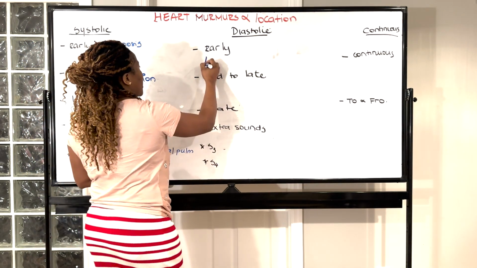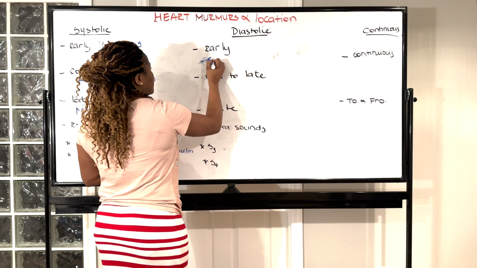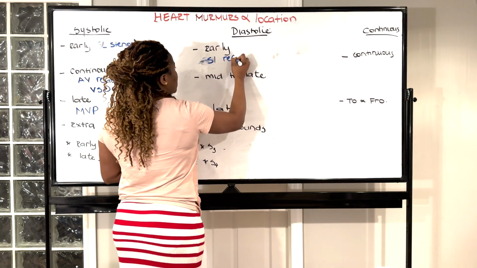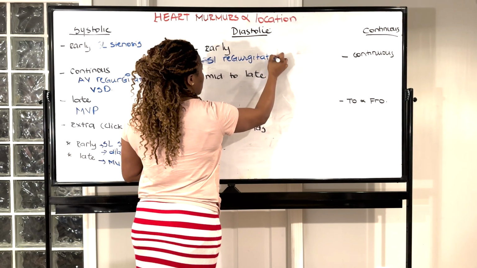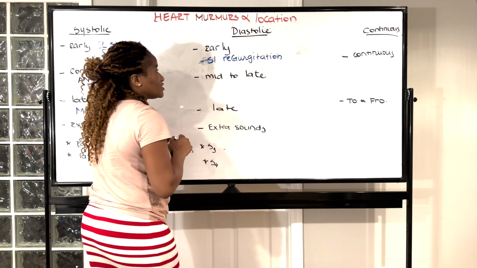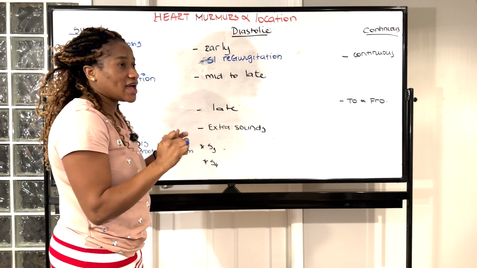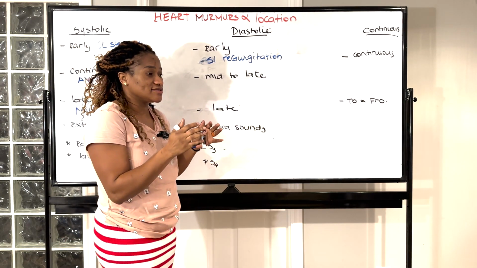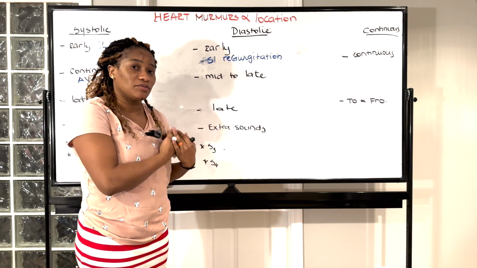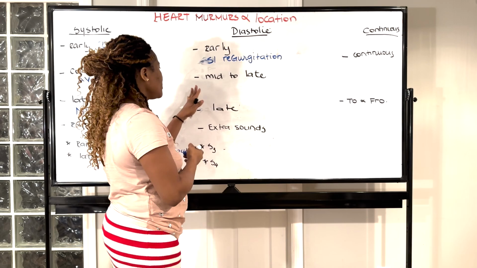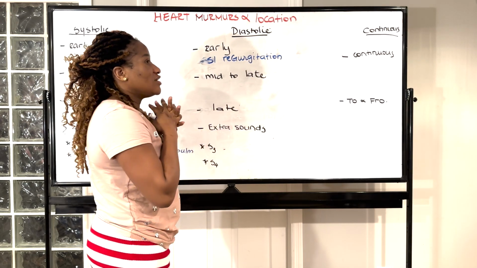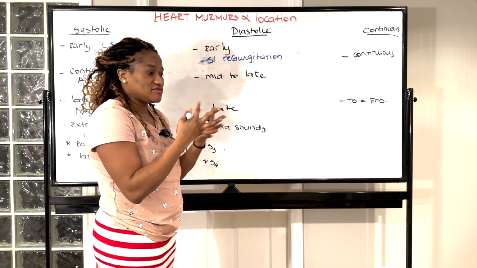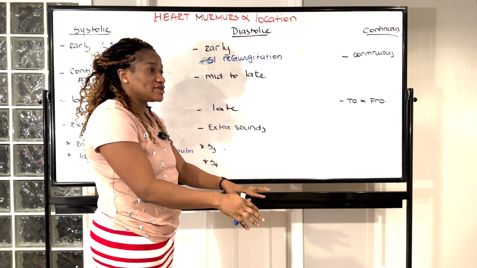So it's when we have SL regurgitation, early diastolic. And remember, you're going to listen to them at the left sternal border, right? Now, mid to late during diastolic, our AV valves should be open to let the blood flow into the ventricle.